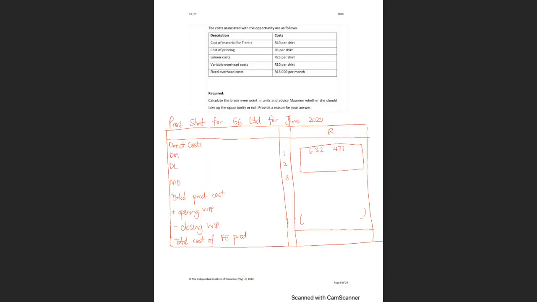And that amount again is immediately going to go into your production statement, 1,236,444. Okay, so that together gives you your direct cost at the top, which is 1,868,921.